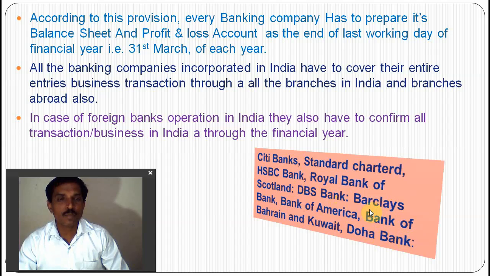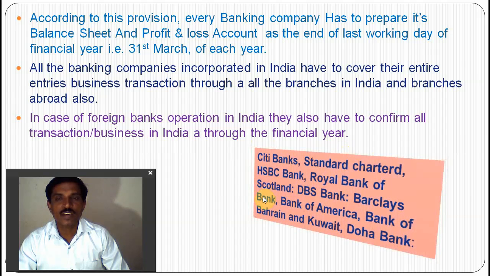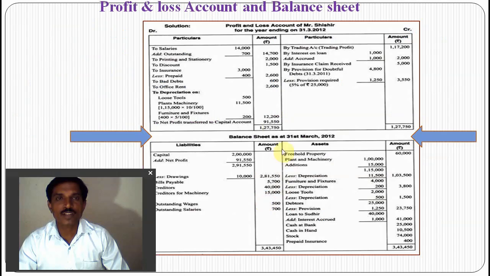These are foreign banks. These banks also prepare their balance sheet for the financial year and present it to the RBI under section 29. So section 29 is about preparing the balance sheet by 31st March.